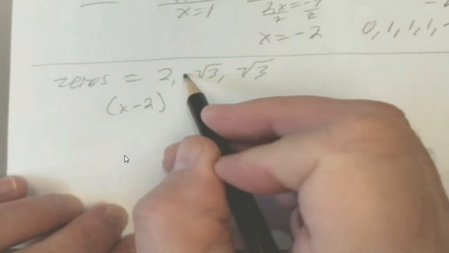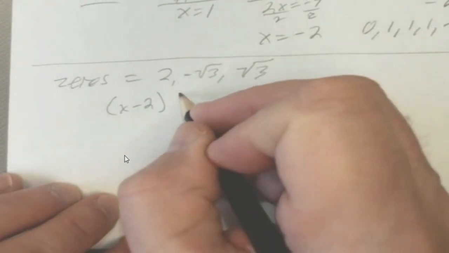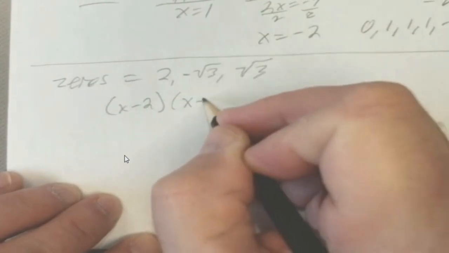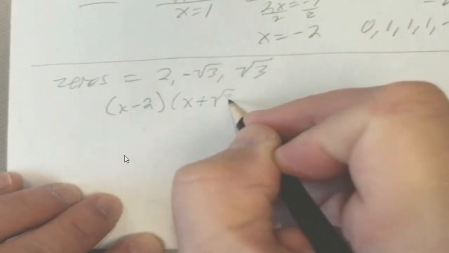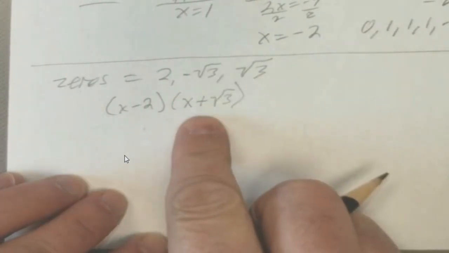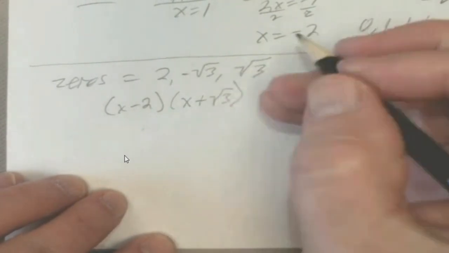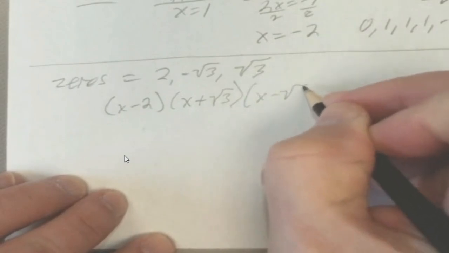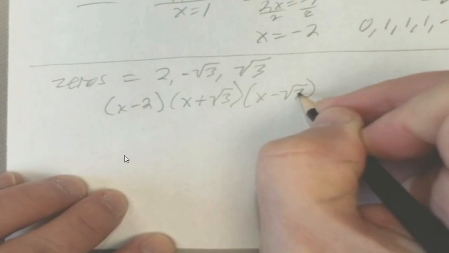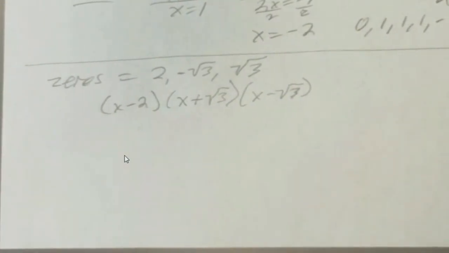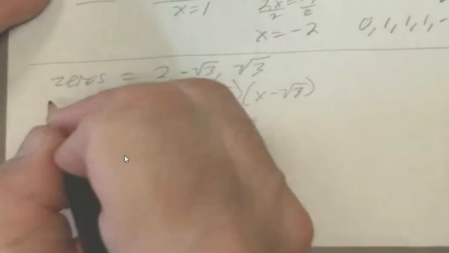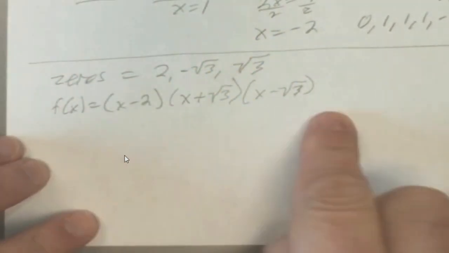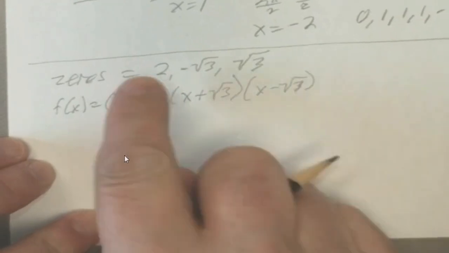If negative square root of 3 is a 0, that means x minus a negative means plus. This is a factor. And if the square root of 3 is a 0, then x minus the square root of 3 is a factor. So this equation has these zeros.